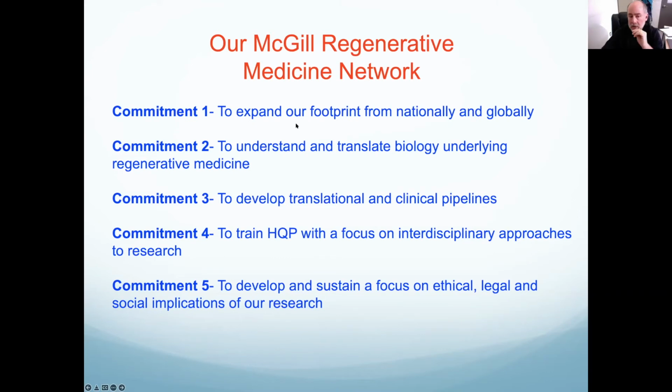When we started the MRM, we had 5 commitments, and some are pretty straightforward: to expand our footprint in the stem cell and regenerative medicine world, to make contributions to understanding and translating the biology, to build and develop translational pipelines, importantly to train high quality personnel with a focus on interdisciplinarity, and of course to maintain a commitment to the ethical, legal, and social impact of our work.